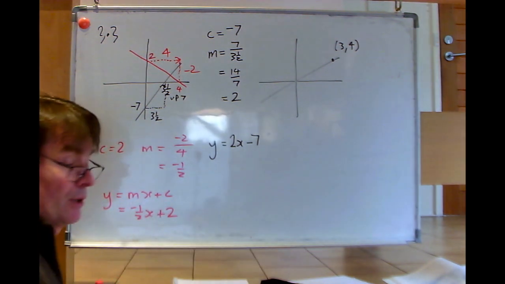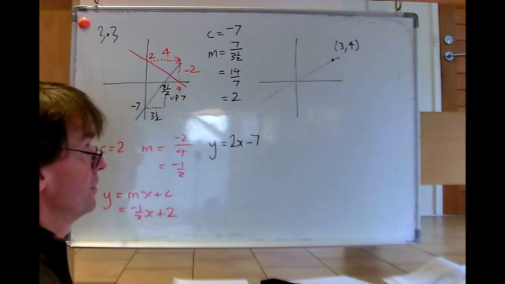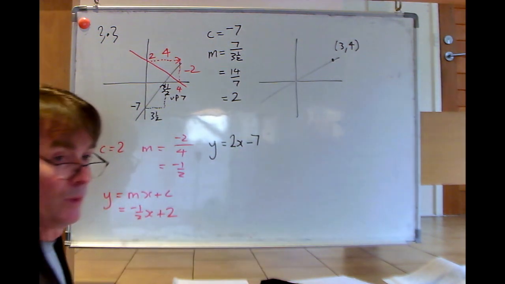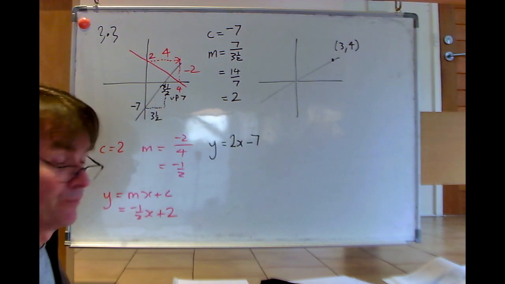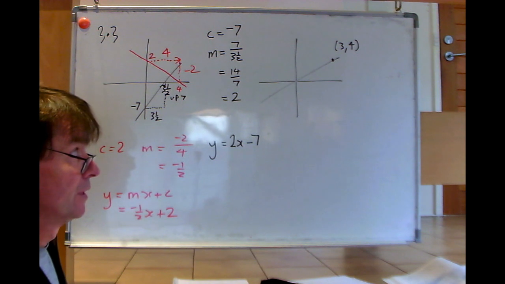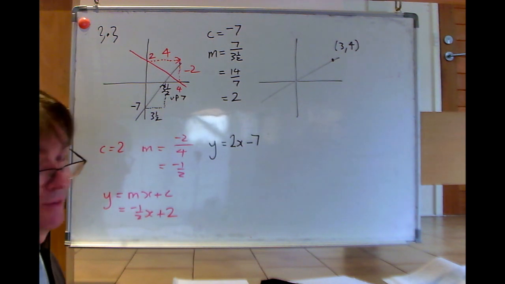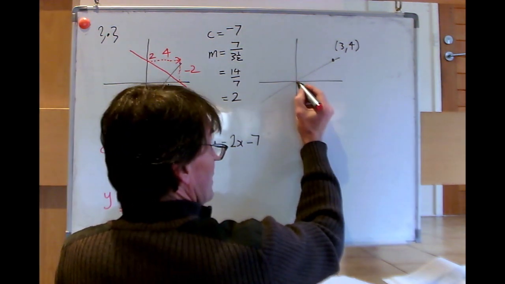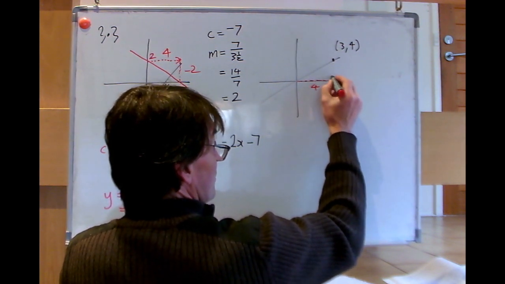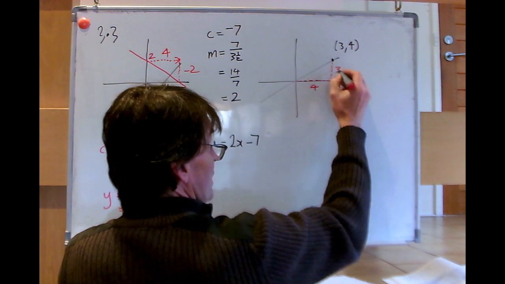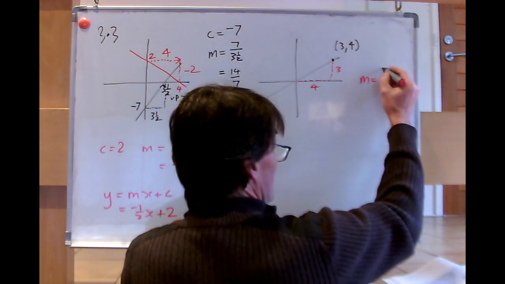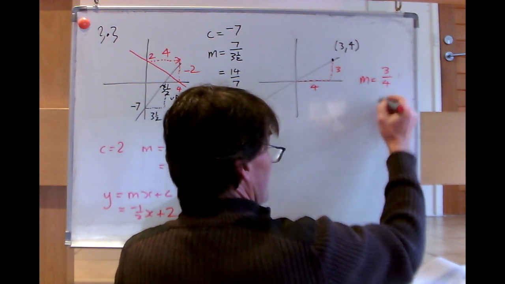This is an example like question 2 of 3.3. In this case we've got one where it goes through the origin, 0, 0. To figure out the gradient is actually even easier. I go across here 4 units. I have to go up 3 to get back to the graph. M equals rise over run.